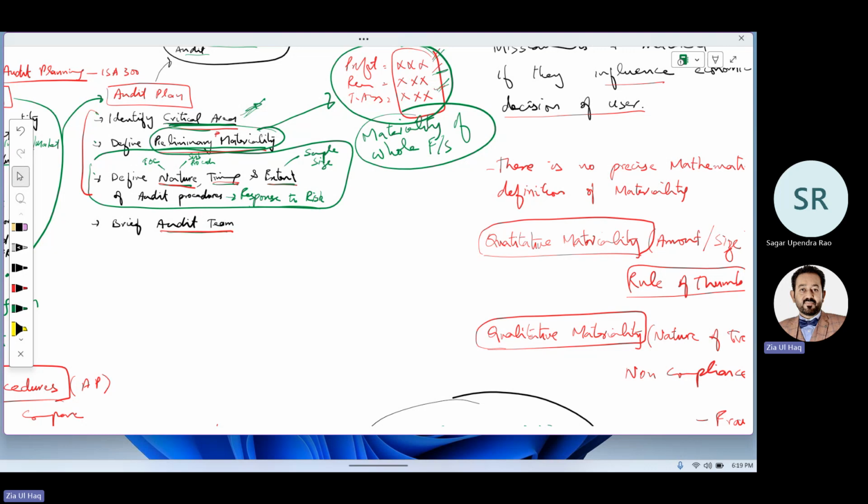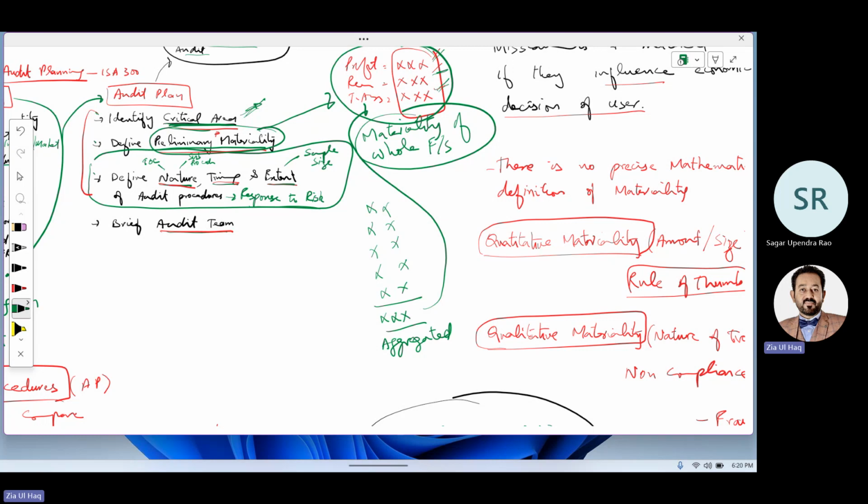You need to make a list of those small misstatements, and at the end of the audit you should make their total. The total figure you should compare with this figure. If the total, meaning the aggregate of small immaterial misstatements, is material, we will consider it a material misstatement.